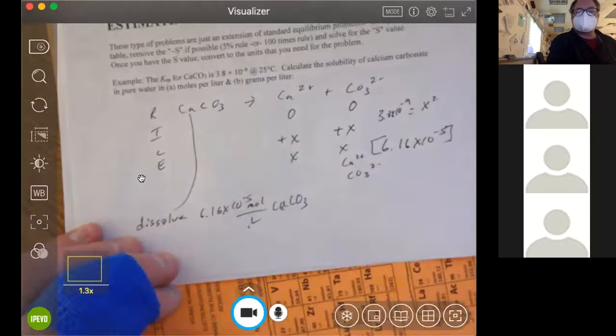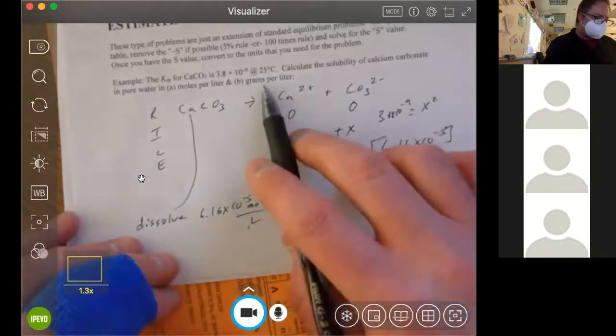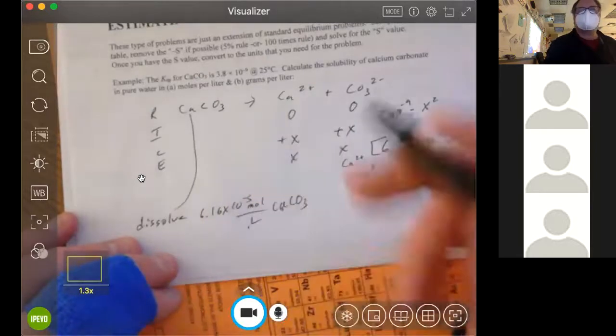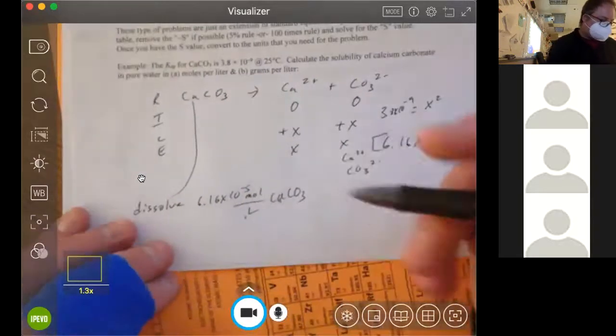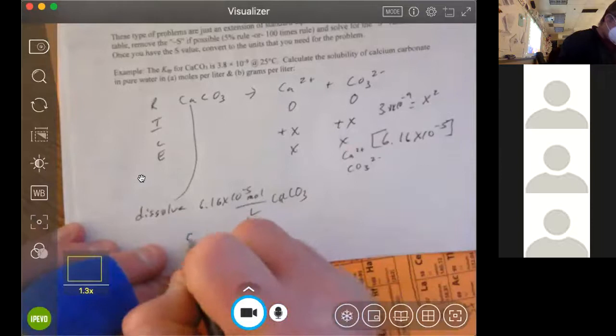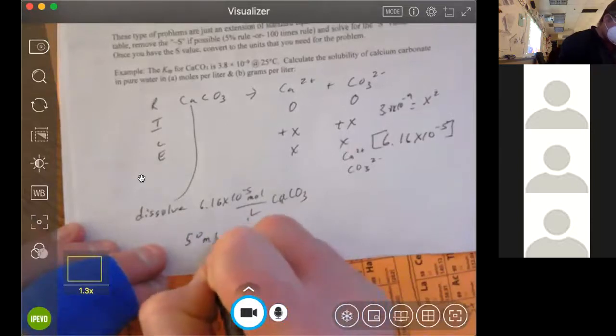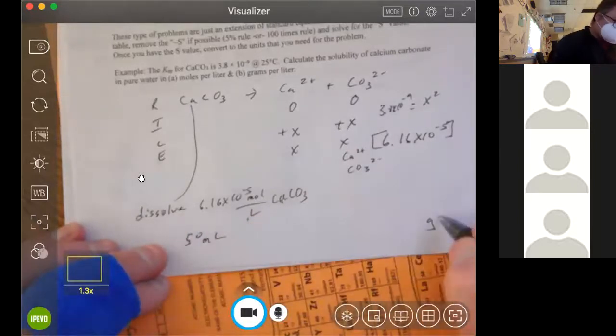right? So what if I was wanting to, and I'm just going to change this a little bit to make it more interesting for us, what if I only had 50 milliliters? How many grams of CaCO3 could I dissolve in that?